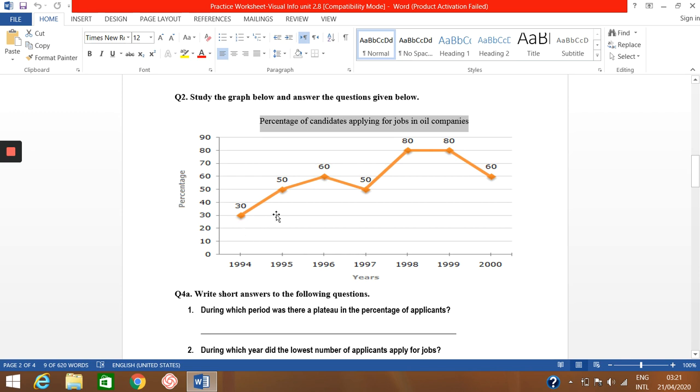And since this is singular, you have to think about subject-verb agreement. Since there is just one line graph, then you have to remember to add S to the verb you are going to use here. So it should be shows or displays or illustrates the percentage of candidates, and so on. And this is very important.